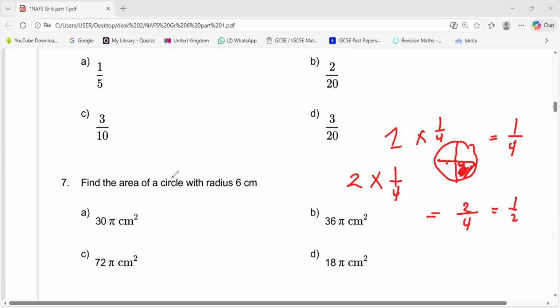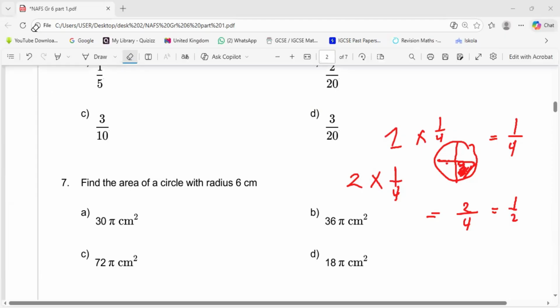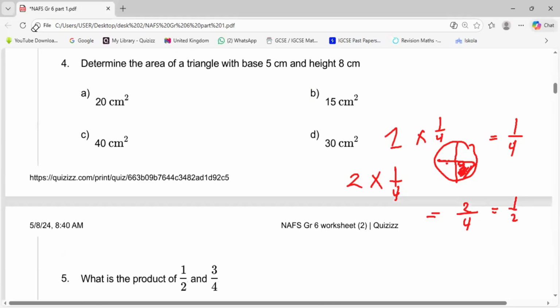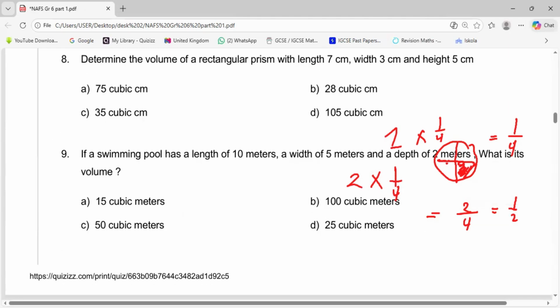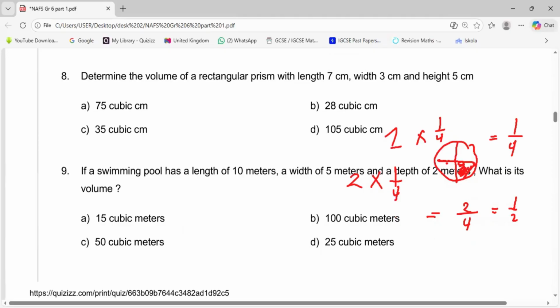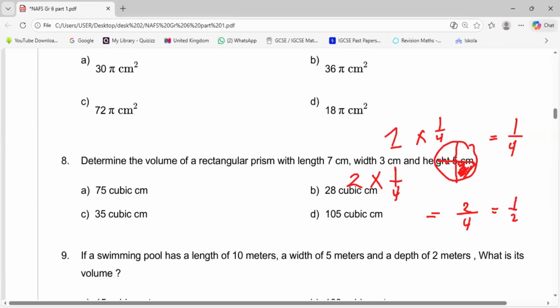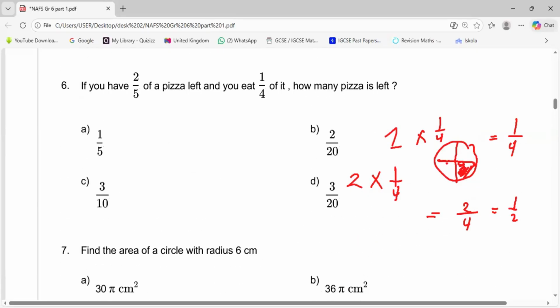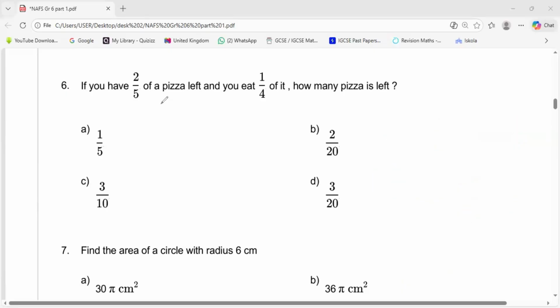Here in the problem, you just multiply 2 over 5 by 1 over 4.